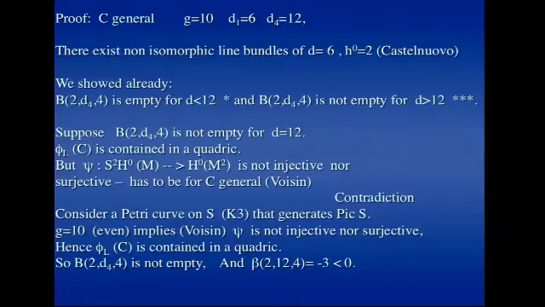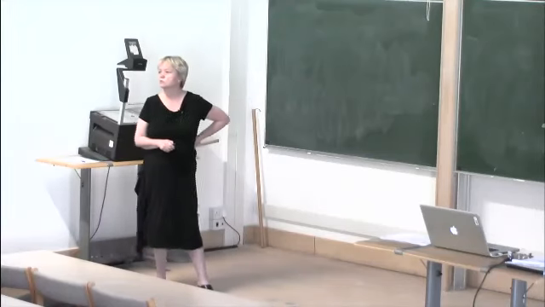And again, what we do, we take the bundle, we use the embedding into a quadric. And then we look at this quadric and at the sections of M, which is the bundle. Oops, this is L and M is the same here. M is the bundle that I use to embed my curve into a quadric. And it turns out that this map in here is neither injective nor surjective.